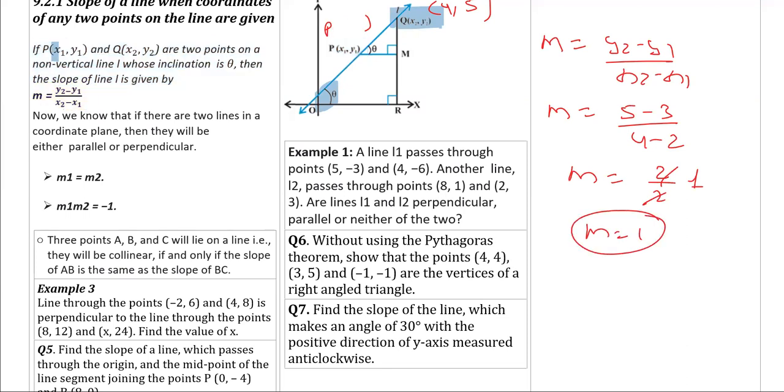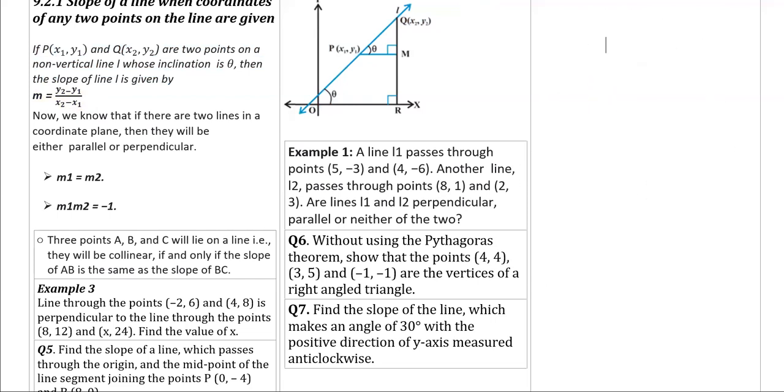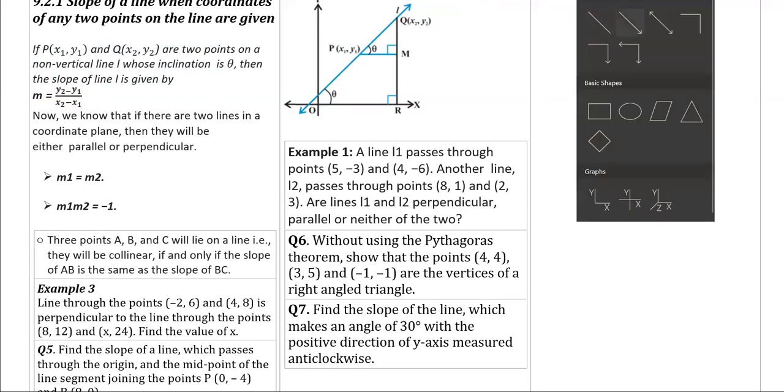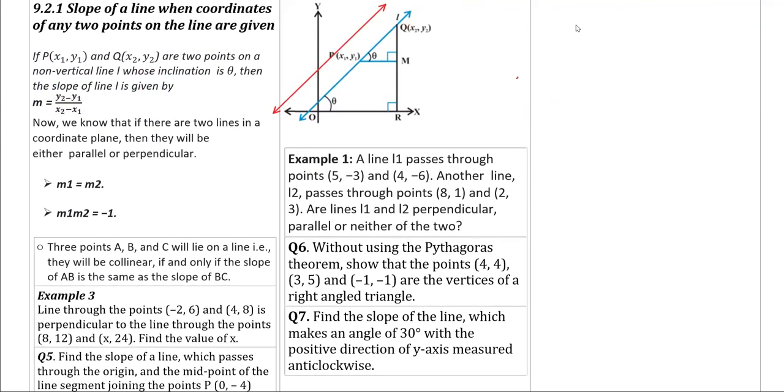Now, further that you should know is for a line which is inclined with some angle. Let me just show you. When two lines are parallel, let's say I'm taking an example here. I'm making two lines. One line is already drawn. Let's say I'm making another line and assume these two lines are parallel.